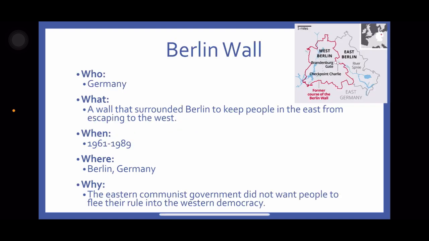And the Berlin Wall. Again, the Western side is the better side that is controlled by the United States. The Eastern side is controlled by the Soviet Union and is the worse side. Now, the Eastern Communist government, which was controlled by the Soviet Union, did not want people to leave from East Berlin to West Berlin.